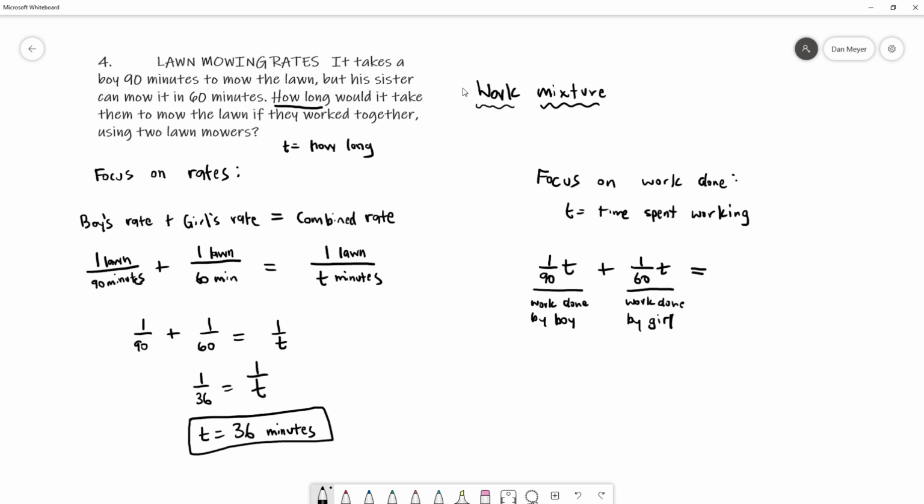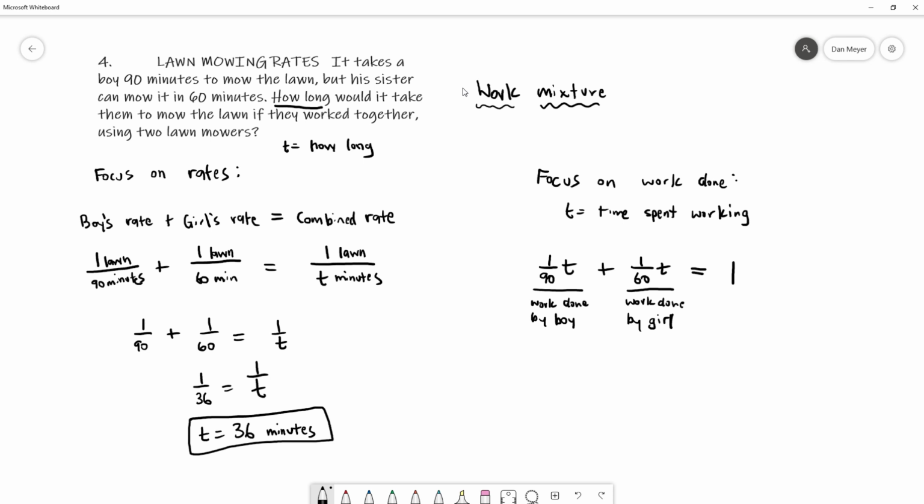Now, their combined work is they get one lawn done. Okay? They get one lawn done. And so the equation is slightly different. The idea is slightly different. But I find this way easier to think about the problem.